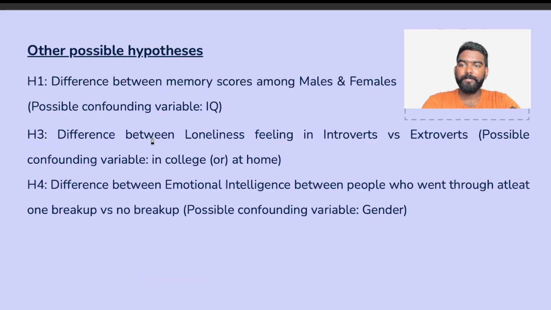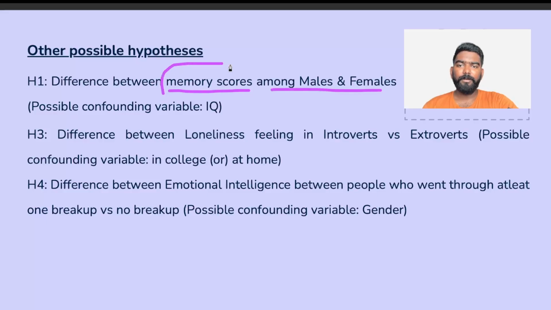What are they? We'll see. Suppose you want to see whether there is a difference in memory scores between males and females, and you recruited participants such that all the males are topper students, and all the female students are dull or slow learners.